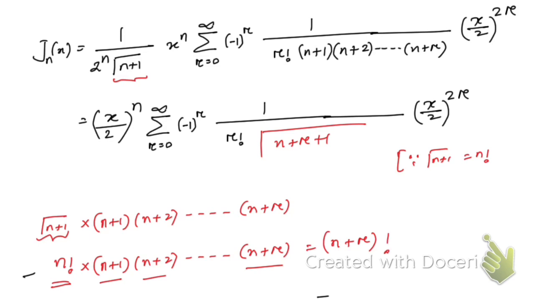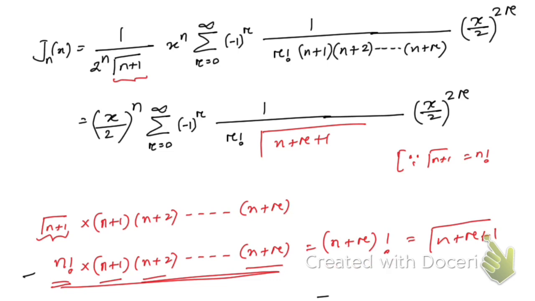And using this property, gamma of n plus 1 is n factorial, that means n factorial can be written as gamma of n plus 1. So n plus r factorial can be written as gamma of n plus r plus 1. This is how we have got this n plus r factorial.